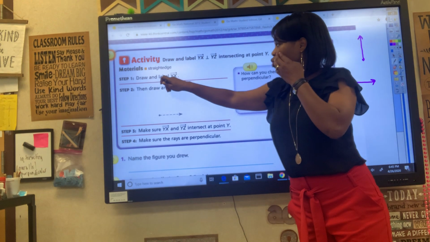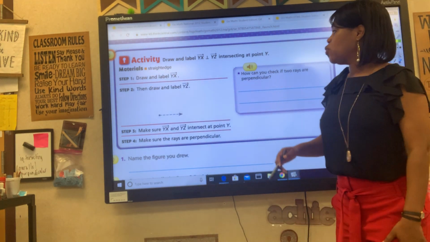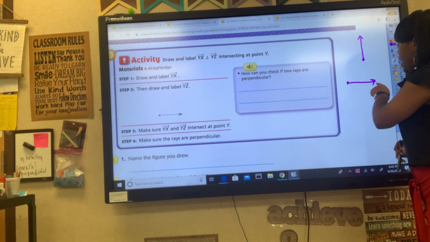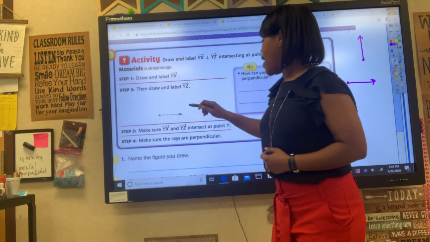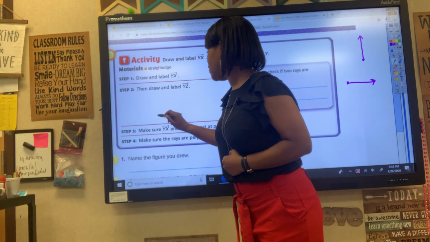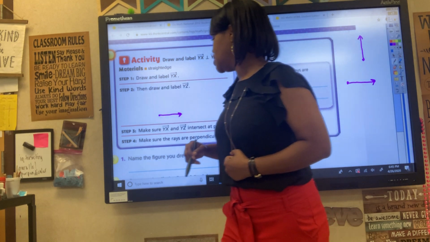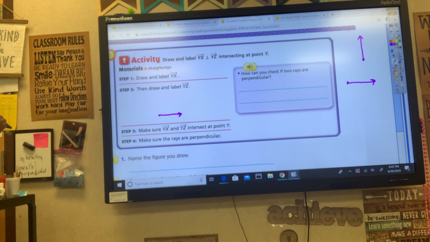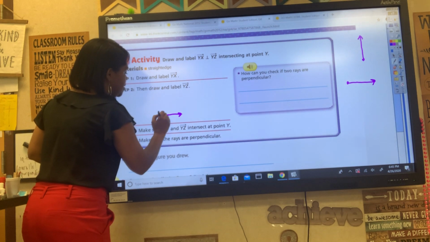So I'm going to draw and label ray YX first. Well, I just said that a ray has an endpoint and a continuous line. So I could have this right here and trace it, and I could go ahead and label the one that I just drew.